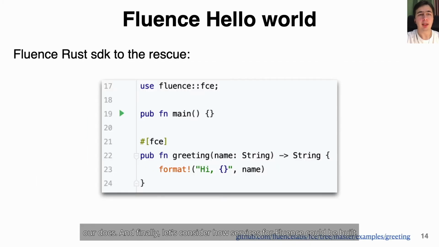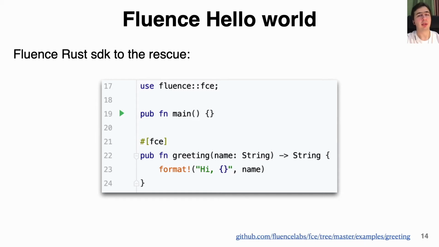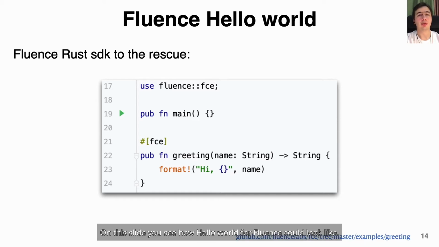And finally, let's consider how services for Fluence could be built and debugged. All the complexity of generating the WebAssembly binary and generating and compiling interface types is encapsulated in our SDK and building tools. On the slide you can see how Hello World for Fluence could look.